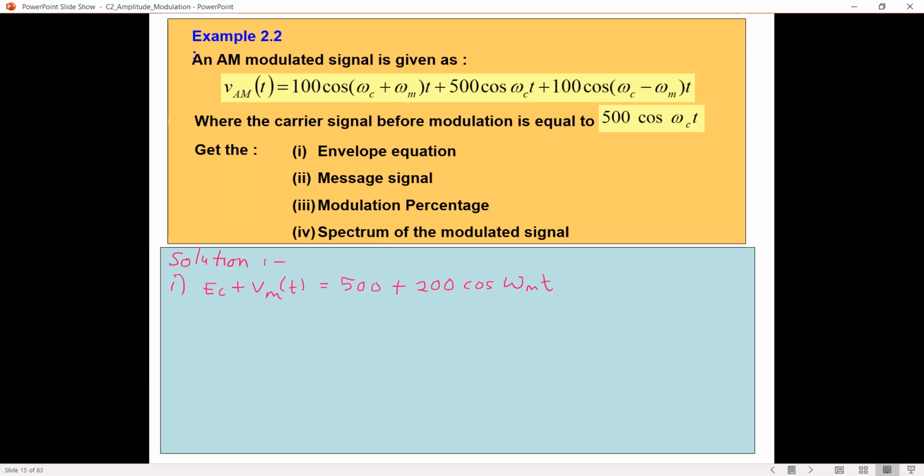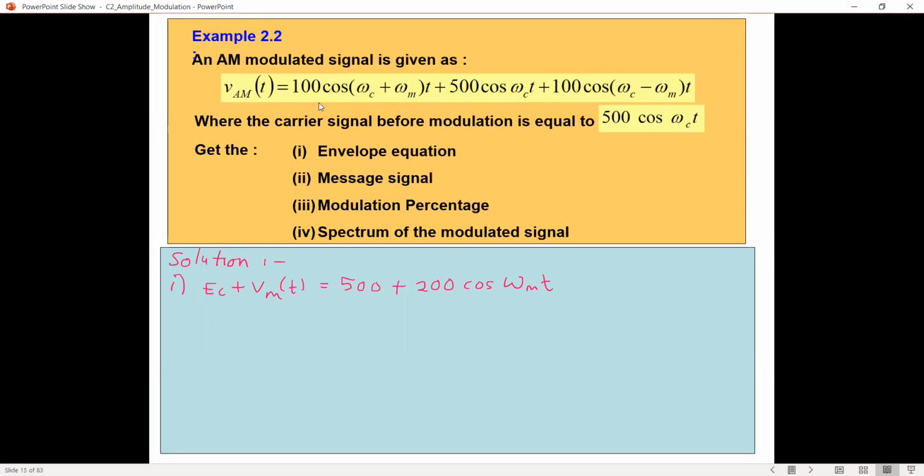Like I said, the envelope equation is equal to EC plus VMT. We know our EC is 500. VMT we don't know yet, but it is equal to EM cos omega MT. In this question, the values of FC and FM are not given, so we just represent it as omega MT. But we can get the value of EM from our VAM equation.